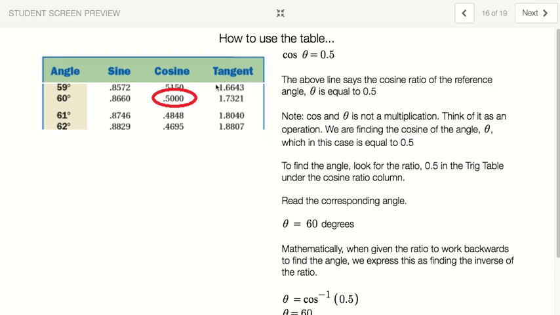So if you were told to find the cosine of the angle that measures 60 degrees, you would find the 60-degree angle, go to the cosine column, and then choose that value. This is saying that if you have an angle that measures 60 degrees, the ratio would be equal to 0.5.